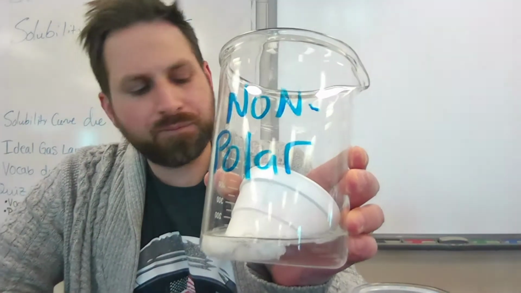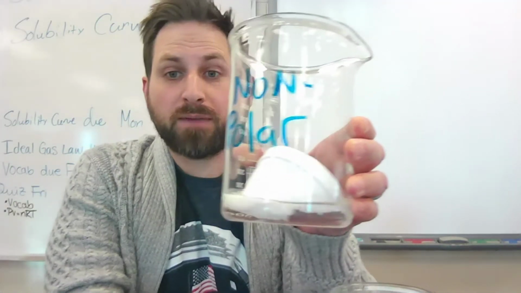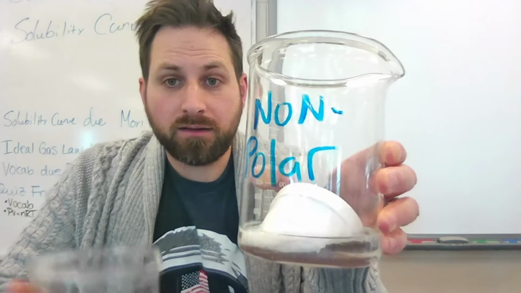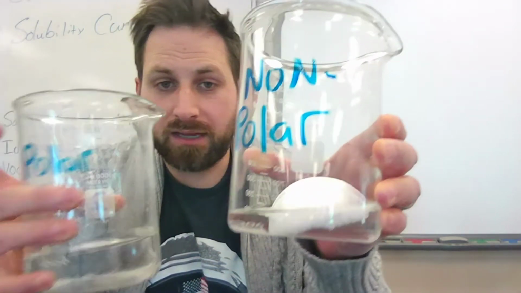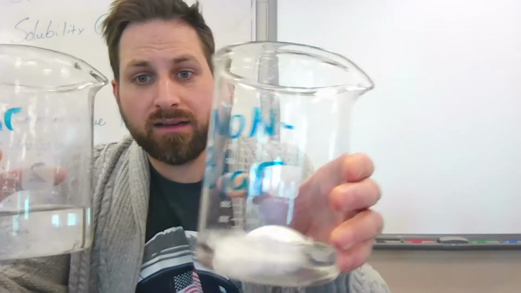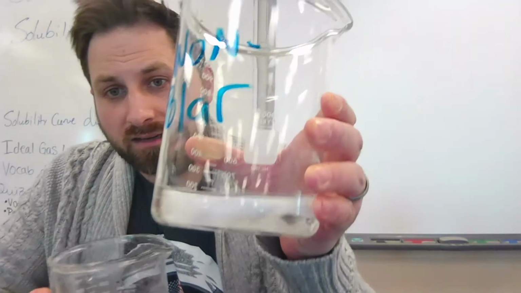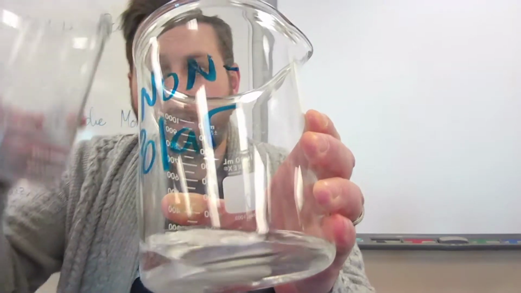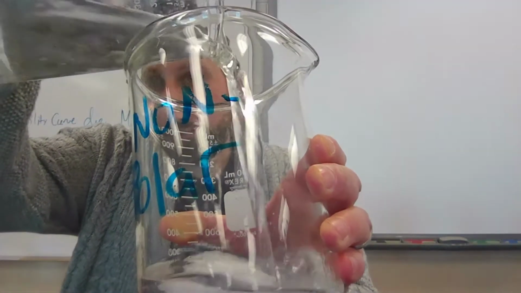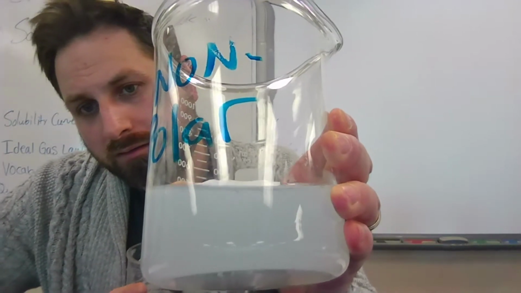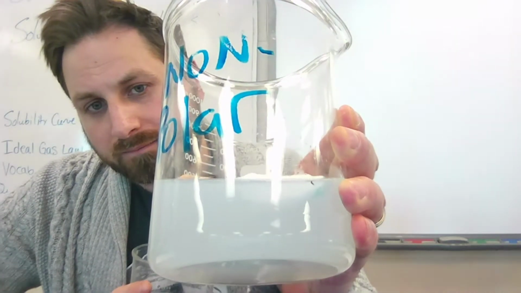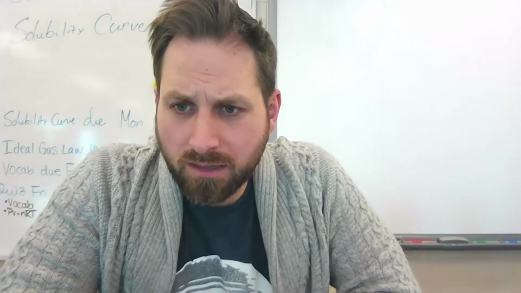And then if I want to get my styrofoam back out of it, because non-polar things dissolve non-polar things, and polar things do not, if I pour polar things in, the styrofoam will come back out of solution. It's pretty neat. So that quick demo is good.